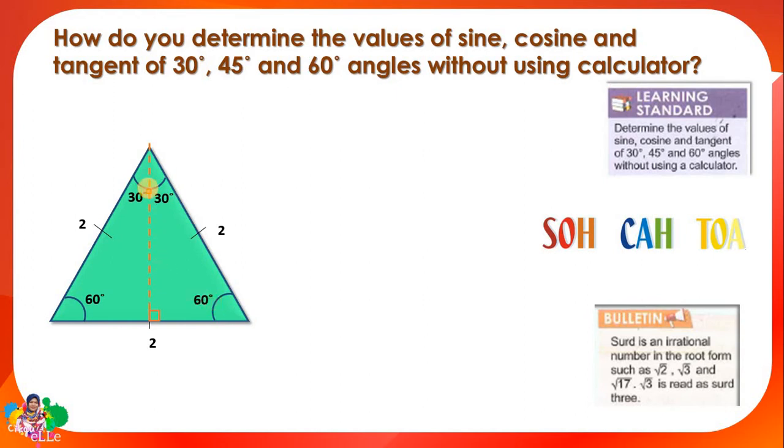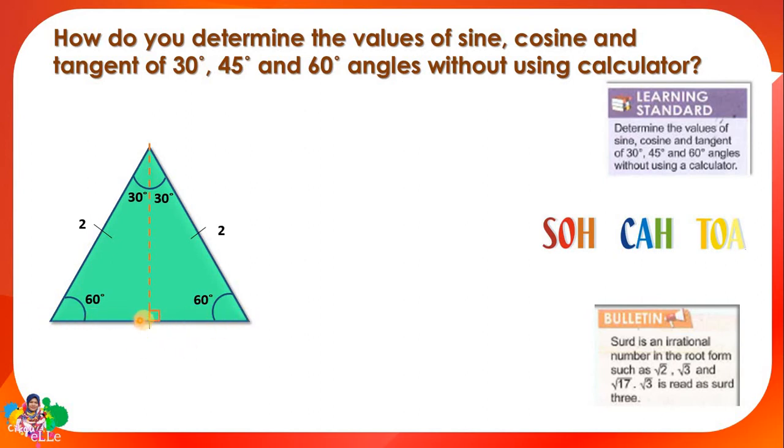Before that, you have to know what is the measurement for this right angle triangle. What is the length of this side? This axis of symmetry is the perpendicular bisector for this line.